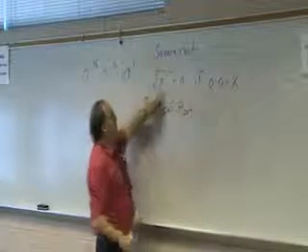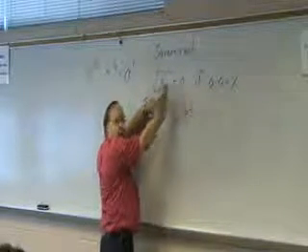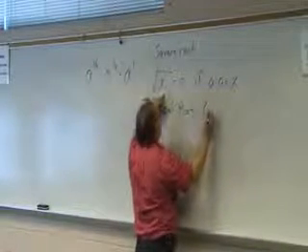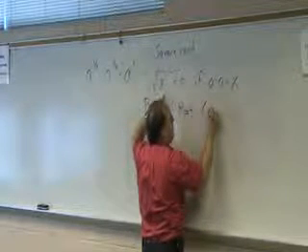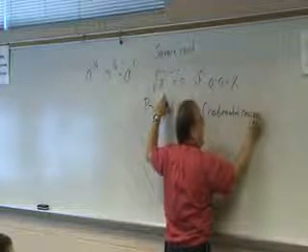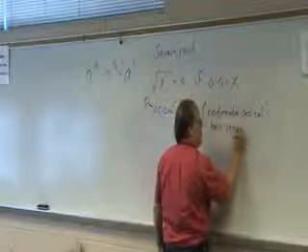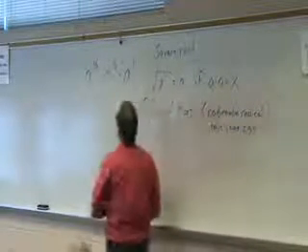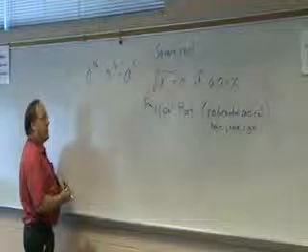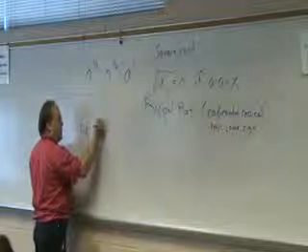And the principal root means that these two values have to have the same sign. Okay. So, by the way, the radicand and the radical have the same sign.